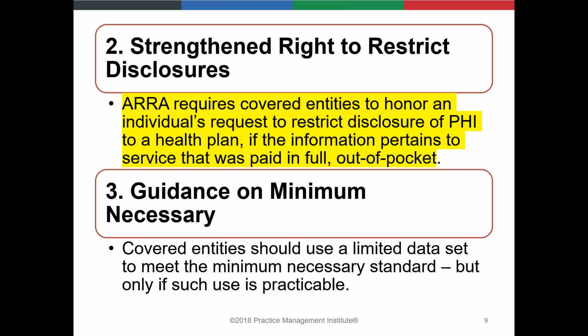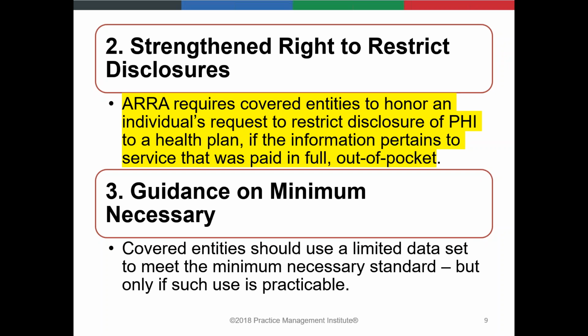And so what this means is that, let's say you were in network with Blue Cross Blue Shield, and a patient has a high deductible, and you offer them the opportunity to pay cash for that service. Technically, because you're in network, you have to file the patient's insurance.